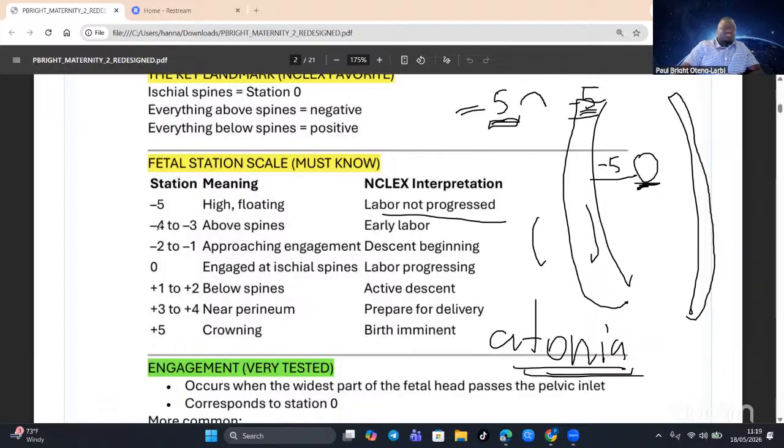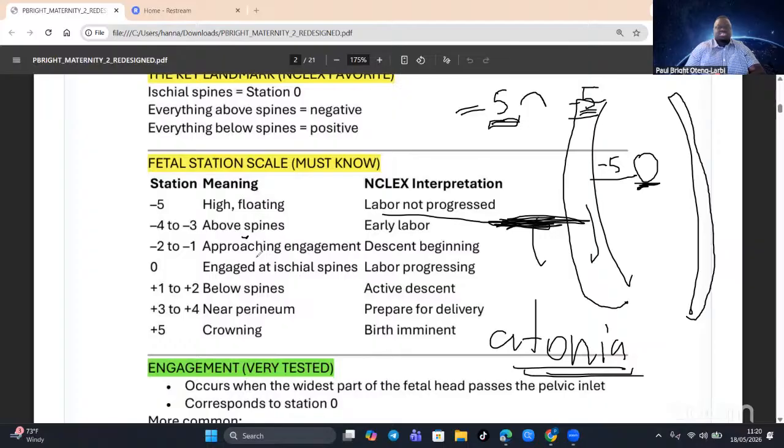-4 to -3, you are above the midline, the ischial spine. So early labor, baby's head is coming down. -2 to -1, you are approaching what we call engagement.